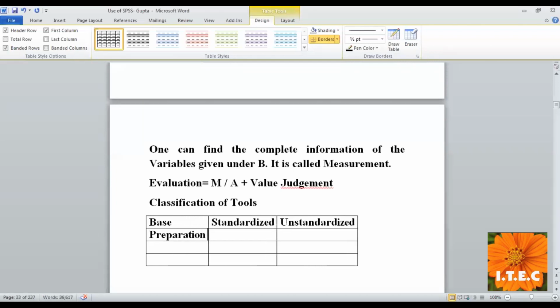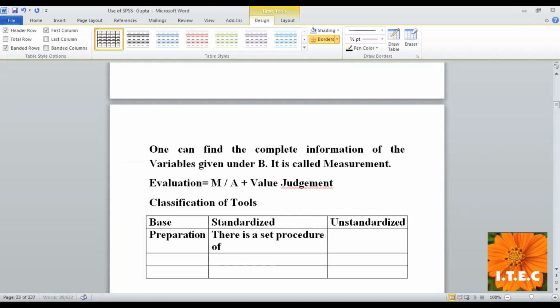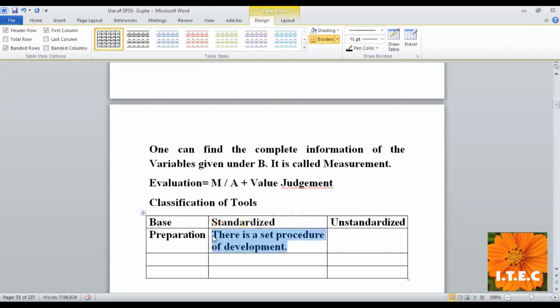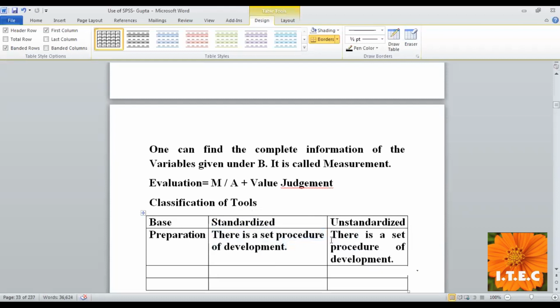So in the standardized one, there is a set procedure of development. In the unstandardized one, there is no set procedure of development. This is the one difference between the two.